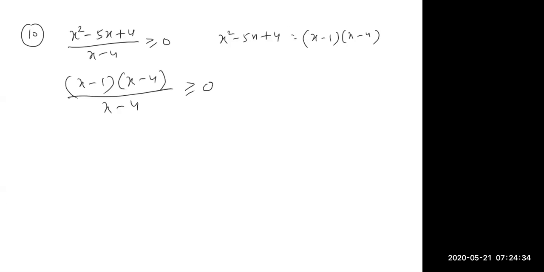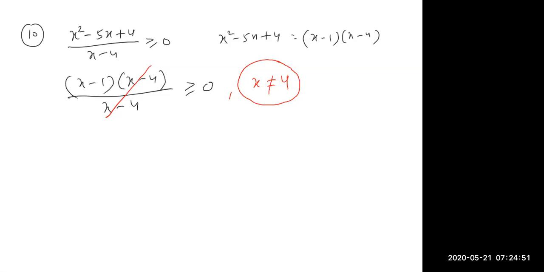So one thing you can observe here, you can cancel this x minus 4 with x minus 4. But the only problem is when you are cancelling, you must write x is not equal to 4 under this condition only. Why?